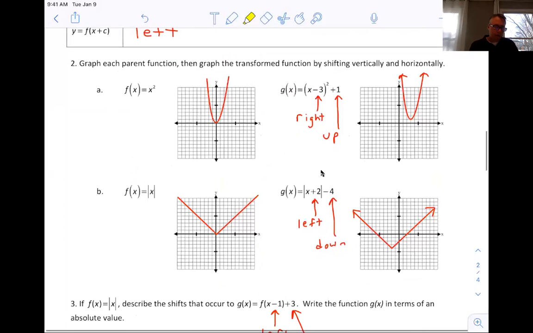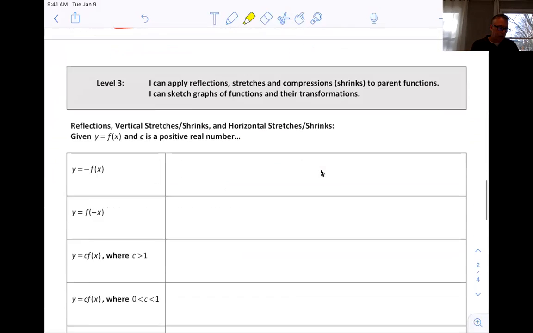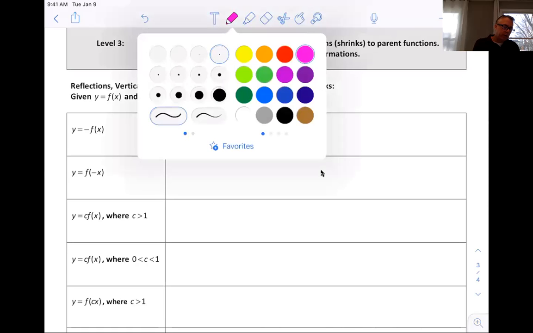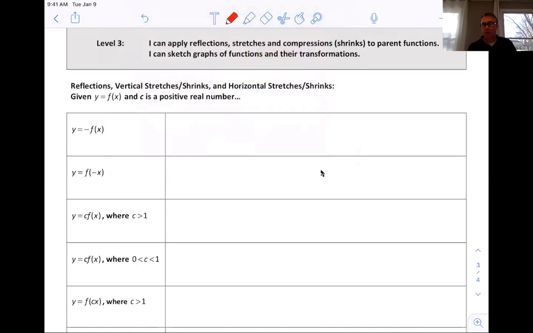All right, well, after our warm up today, hopefully you guys realize that today is going to be about reflections. So what happens with these parent functions, and actually with any function, is that it gets reflected over an axis when you multiply by something. So adding and subtracting something shifts it horizontally or vertically.